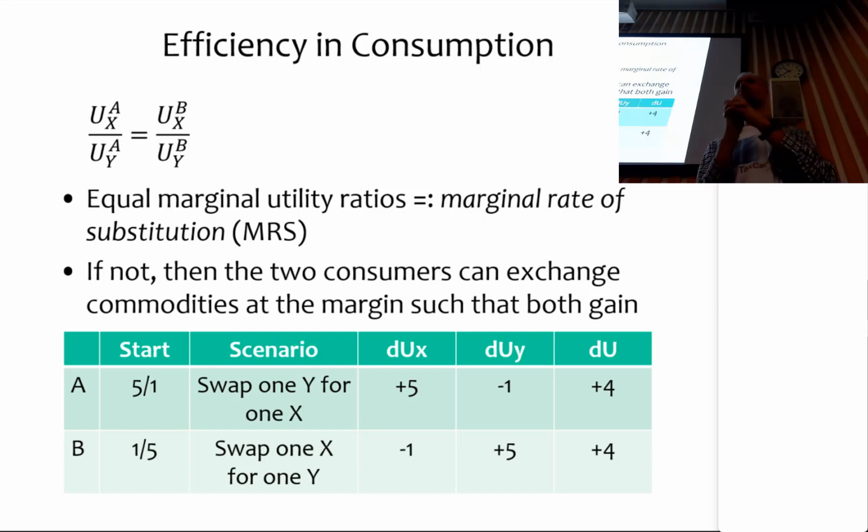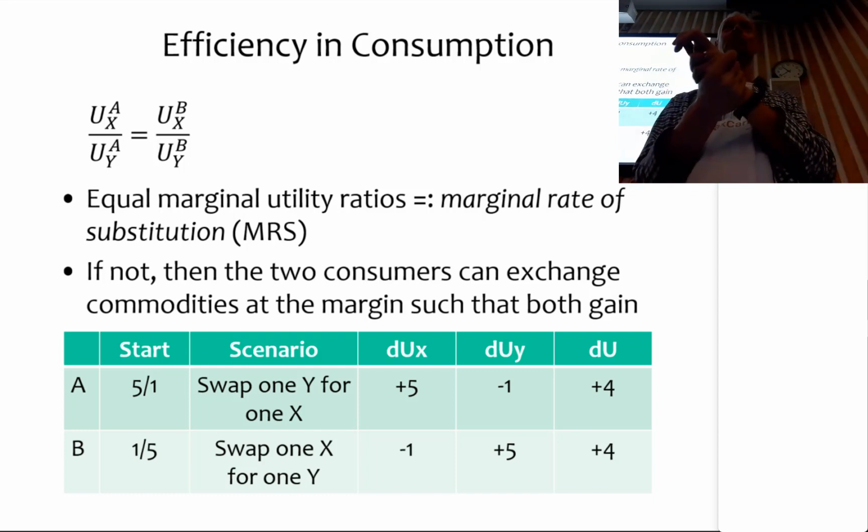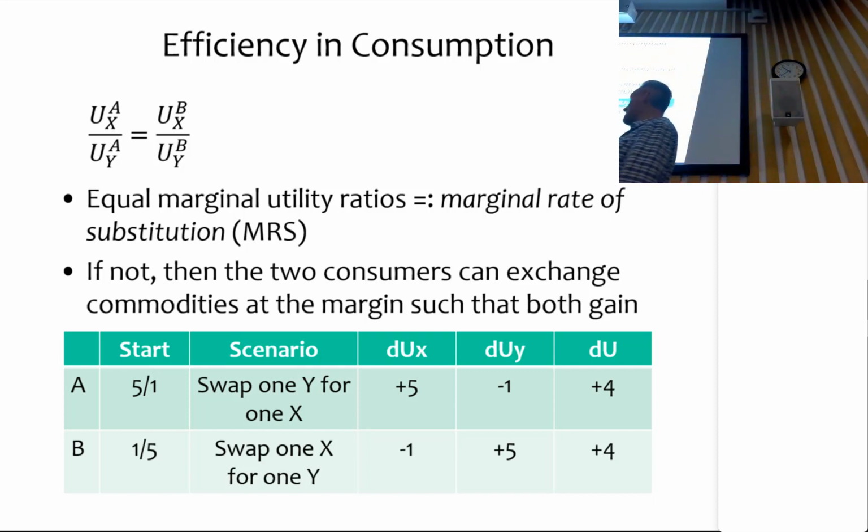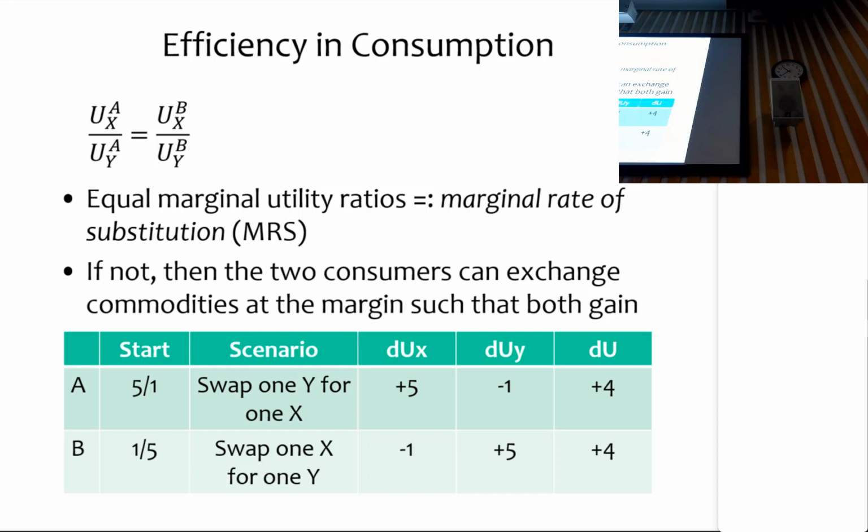It's easy to see that this is a prerequisite for efficiency, because if not, then you can simply barter your way to an improvement, to a situation that is better for both, right? So suppose that at the margin A values good X at 5 and good Y at 1, and B values good X at 1 and good Y at 5, then they could just swap one Y for one X, right? What happens to A is that he gives up one Y, so he loses one, but he gets one X in return, so he gains 5.